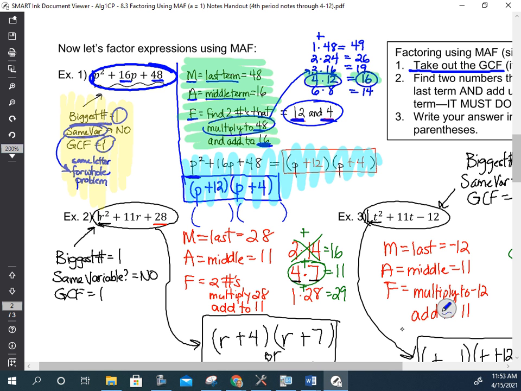Since the variable came first, you put the variable in, and then 12 and 4 were your 2 numbers, you put those in. So that's factored. The order that the parentheses go doesn't matter. These two can go in any order. Well, the variable comes first.